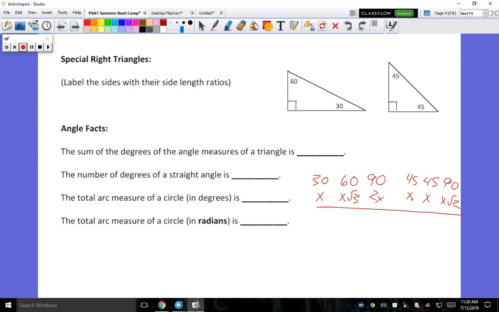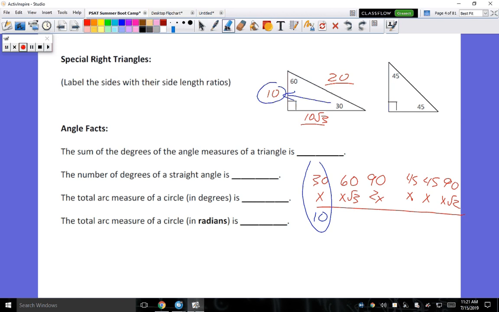For instance, let's say that opposite from 60 was, actually opposite from 30 was 10. What would this be? 20. What would this be? 10 root 3. If you didn't get that as fast as he just did, we know the opposite of 30 would be 10. So it would be in the 30 column.